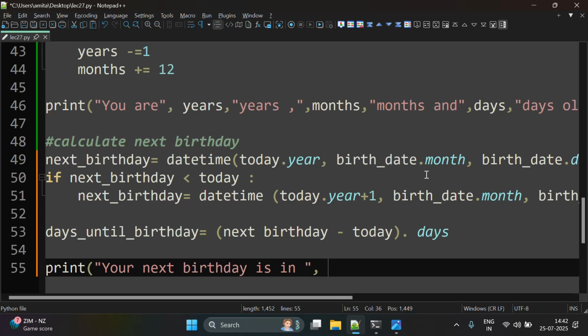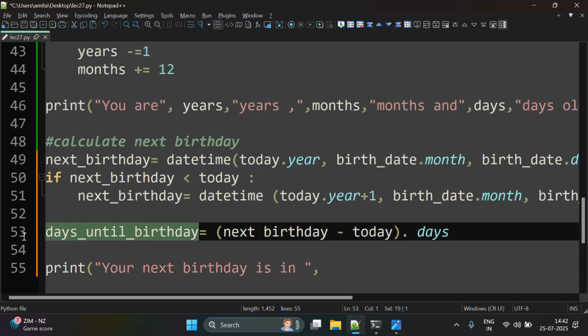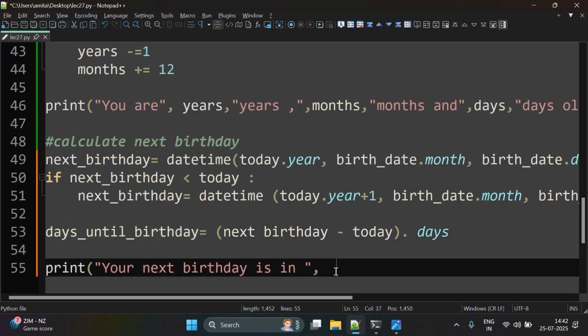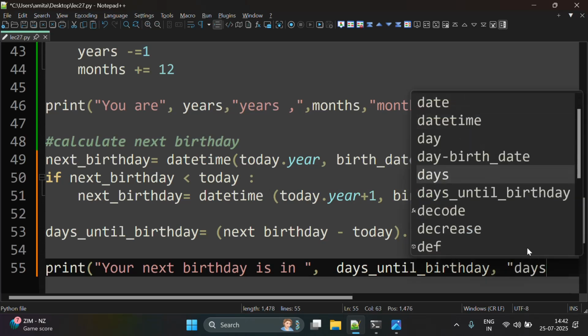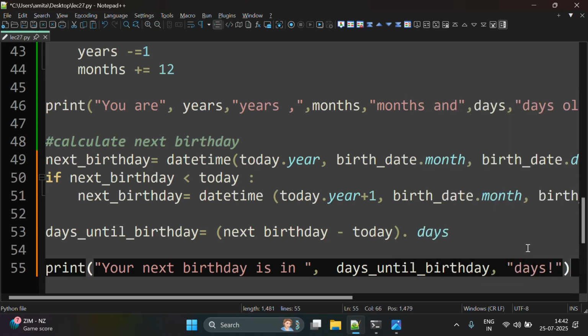So we will write here days until birthday, that is, these many days are left. You can take the variable name shorter also, it's as per your choice.